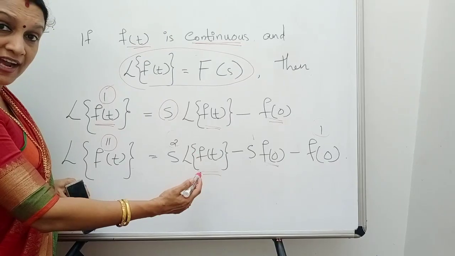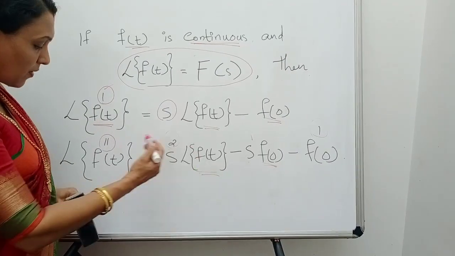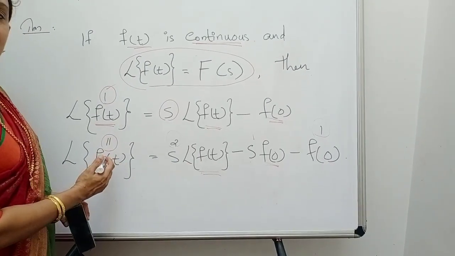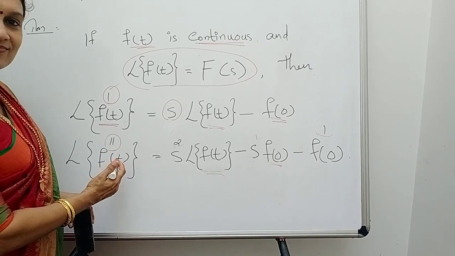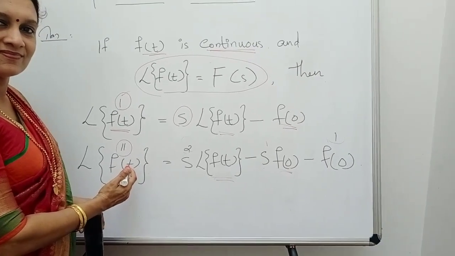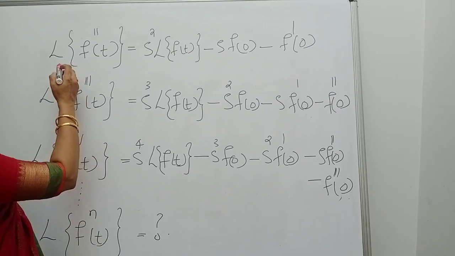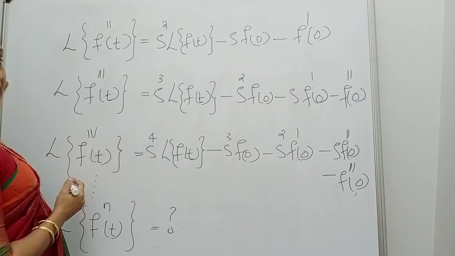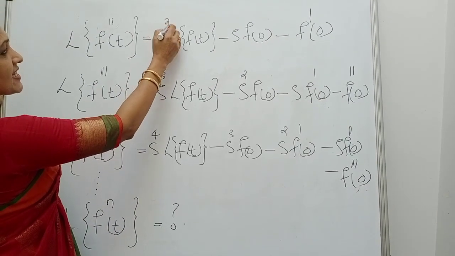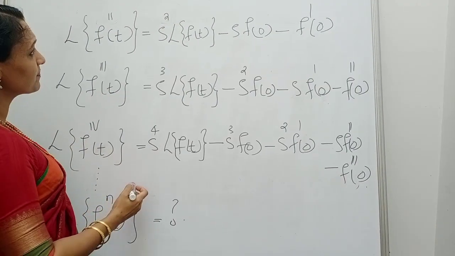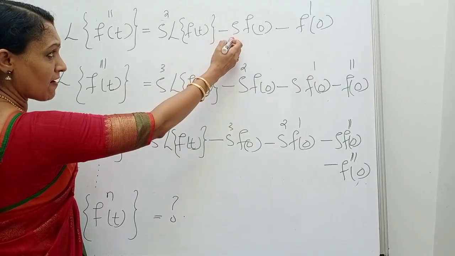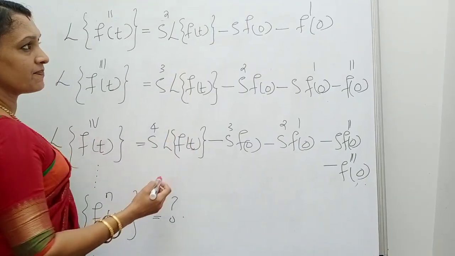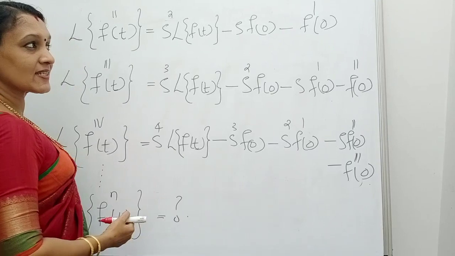This way you can find the Laplace transform of any derivative. Okay. L{f double dash t}, if it is double dash t, you have to start with s square. Okay, s square. Then the next power of s is s raised to 1. And now the next power is s raised to 0.